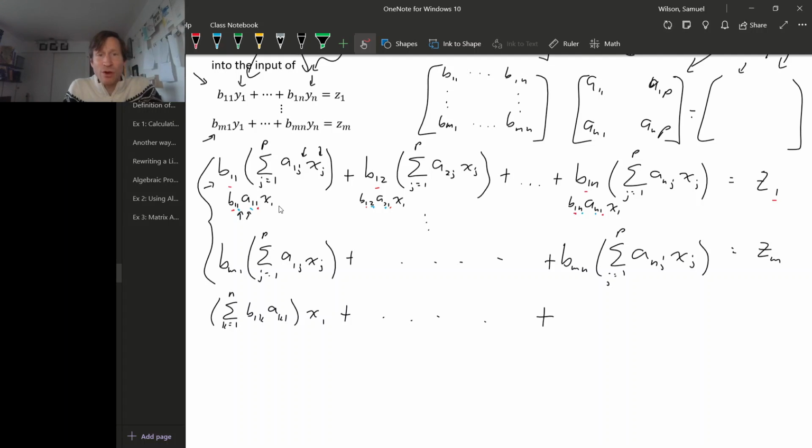When we do this for all the other variables, every chunk in parentheses up here has every x variable in it. So let's skip forward to the x sub n terms. To get an x sub n out of this, we have to replace j with n. So we get b11 a1n x sub n.